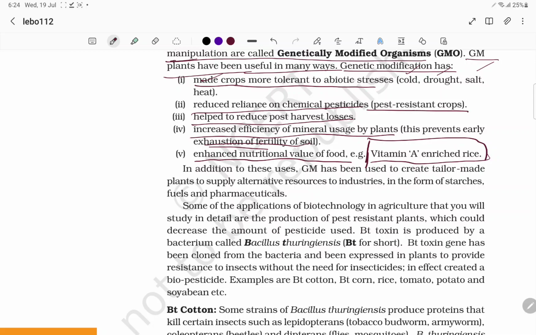And mainly, remember, climatic conditions like cold, drought, salt and heat should be tolerated. Reduced reliance on chemical pesticides means pest resistant crops should be developed, post harvest loss has to be minimized, and usage of minerals by the plants should be efficient so that soil fertility is preserved.